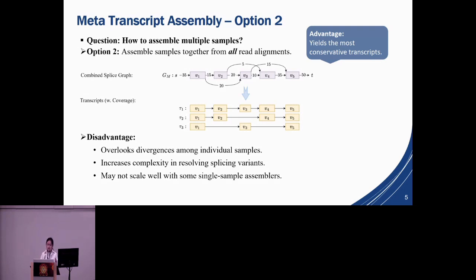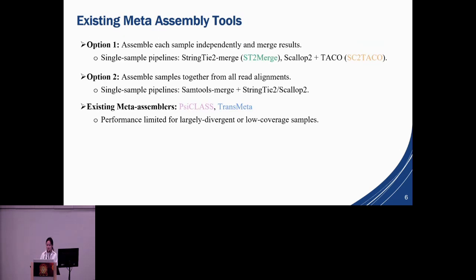Additionally, due to aggregated erroneous junctions or ambiguous splicing sites, resolving such splicing variance in a complicated combined splice graph is very complex. Some single-sample assemblers also struggle to scale well with multiple bulk datasets because the input alignment file is too huge.